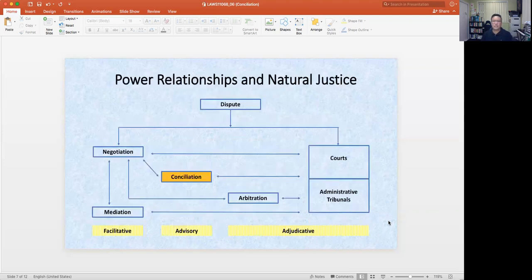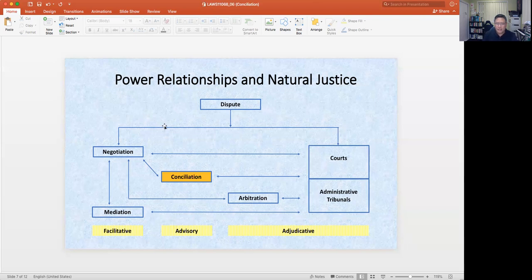So we've discussed the context of conciliation. We've also covered power relationships, but there is another dimension to the power relationships that I would like to emphasize, and that is the impact of the rules of natural justice.